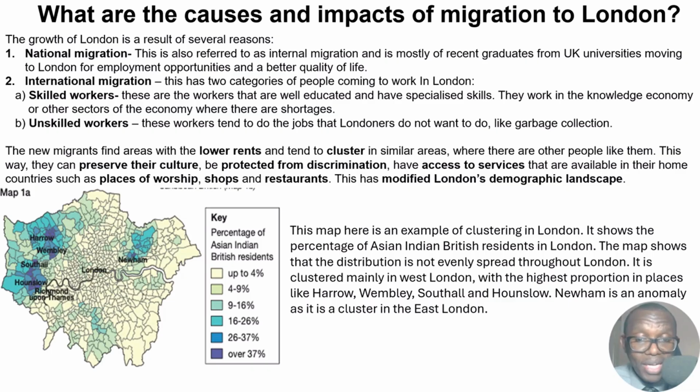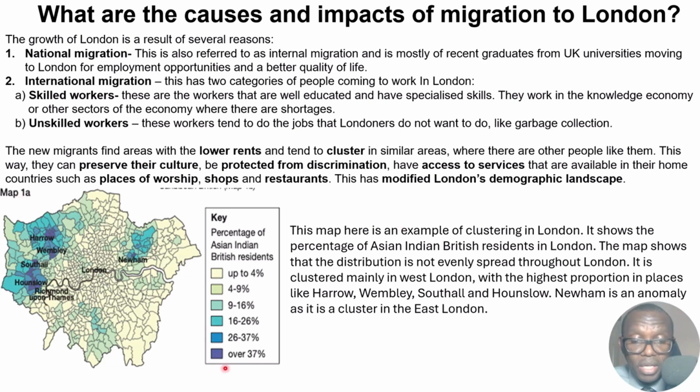We've said that the migrants cluster in similar areas, and that is what this map here shows. It shows the percentage of Asian, Indian, British residents in London, and it shows that the distribution is not evenly spread out across London.